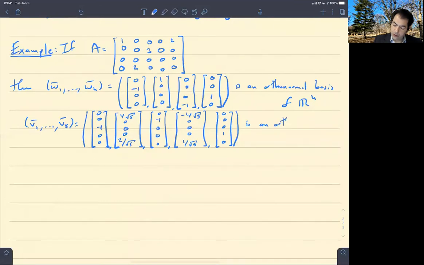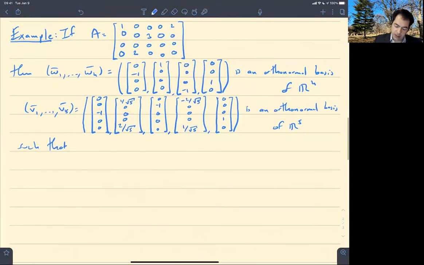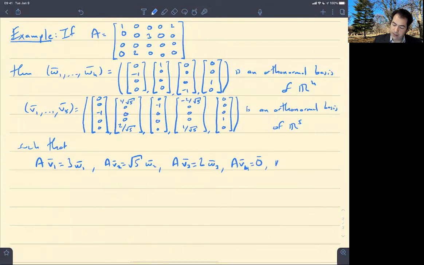This is an orthonormal basis of R5 such that, it's easy to check, A times V1 is equal to 3 times W1, A times V2 is equal to square root of 5 times W2, A times V3 is equal to 2 W3, A times V4 is equal to 0, and A times V5 is equal to 0.